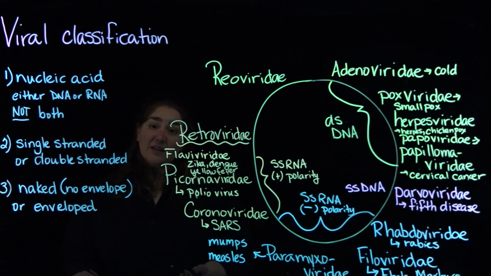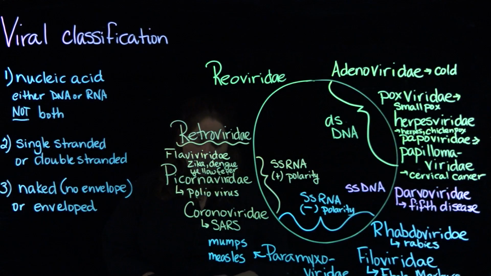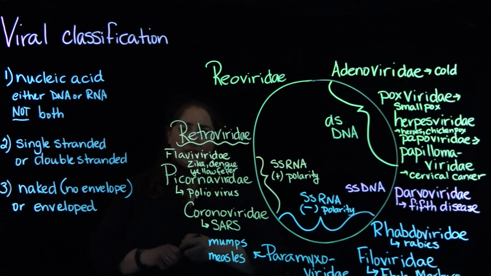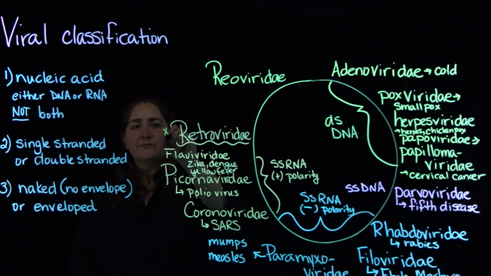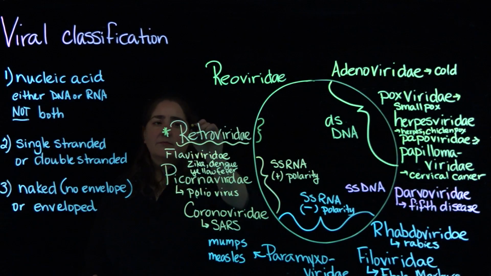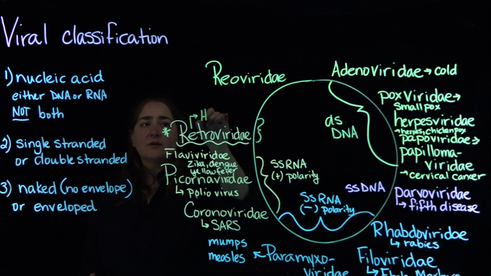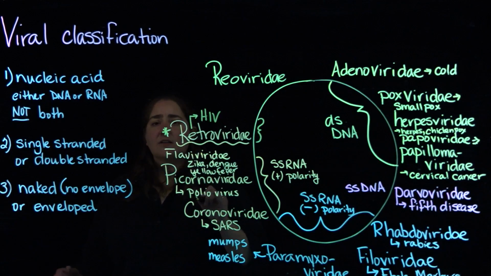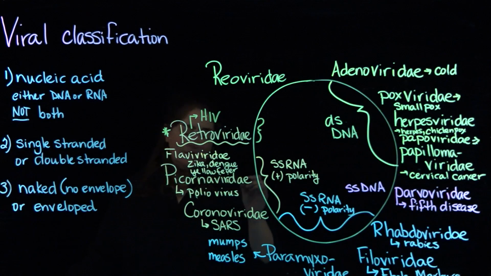And then I ran out of colors. So my Retroviridae here, I've got underlined. So the Retroviridae, this is going to be a unique category. All right, the Retroviridae, viruses that are retroviruses, fall into this family. So HIV belongs to the family Retroviridae.